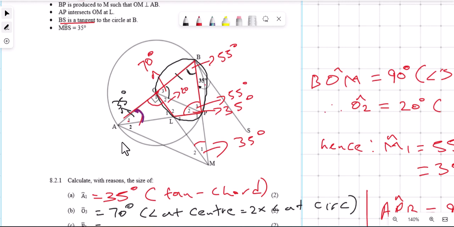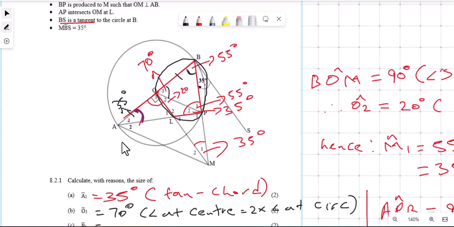Angle B and angle O3 are supplementary. When you add O3 and O2, they add up to 90. And angle B is 55 plus 85, which is 90 as well.